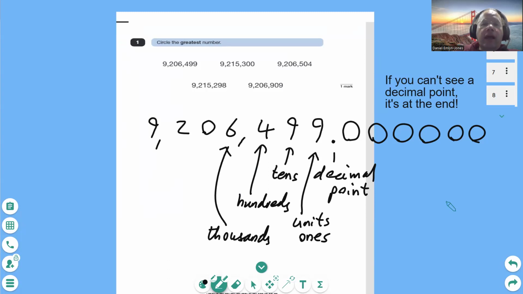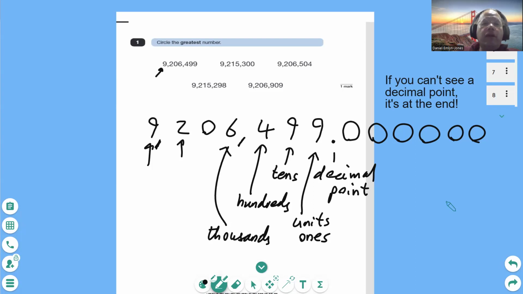It's getting bigger and bigger. These ones, that's 10,000s, 100,000s, and millions. So the commas just separate every 3. So when approaching a question like that, just go to the far left first to start with.